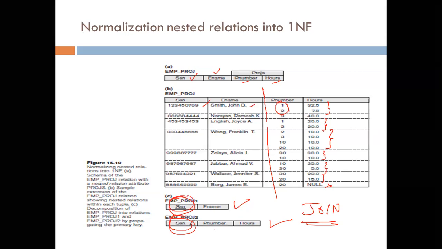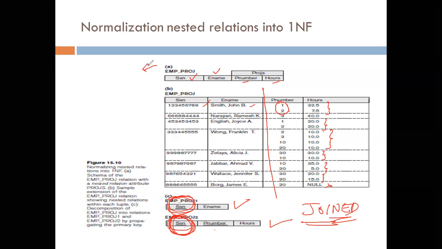We cannot repeat name because same name multiple employees can have, but it is the SSN that no two employees will have a same value. So it is the SSN based on which the two tables will be joined. So this is the process.